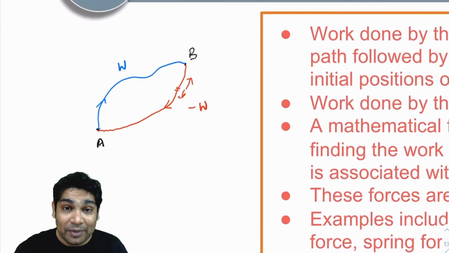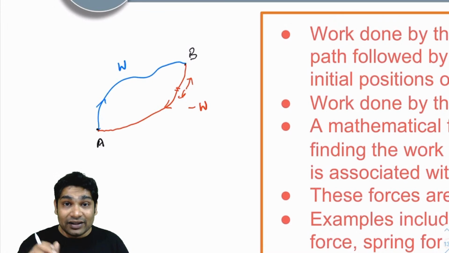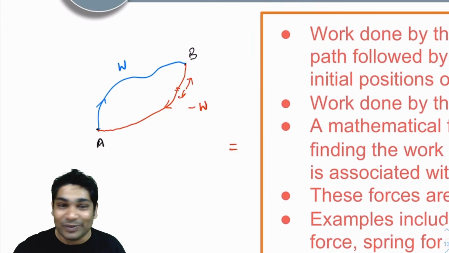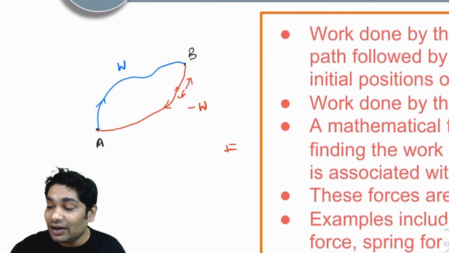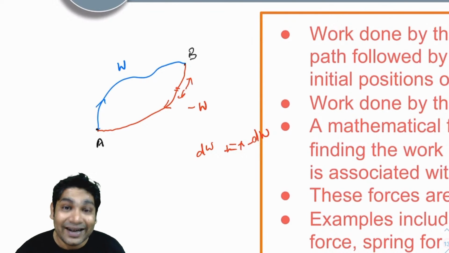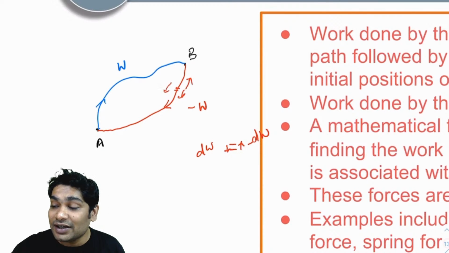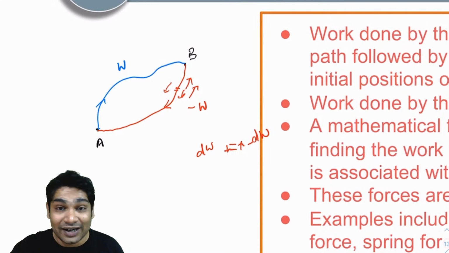Think about this again: when you've taken a small little path, if you go here and the work done is dW, the work while going back has to be minus dW. Again, why? Because of the closed path logic. For every small displacement also, if you go back, then you're forming a closed path. So if the work from here to here is dW, then the work from here to here would be minus dW. You realize that?